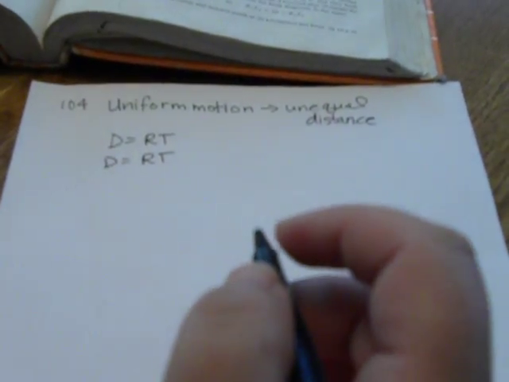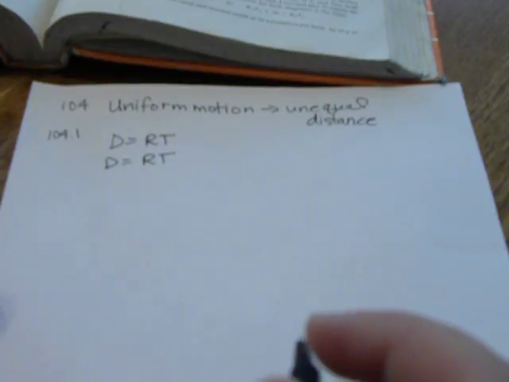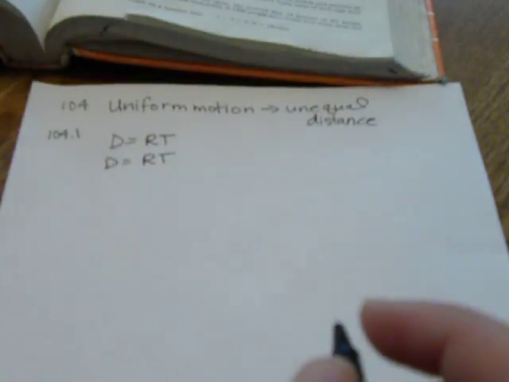So let's look at example 104.1. It says at 8 p.m., Achilles left camp and headed south at 20 kilometers per hour. At 10 p.m., Patroclus headed south from the same camp. Patroclus was 50 kilometers ahead by 3 a.m. What was his speed?